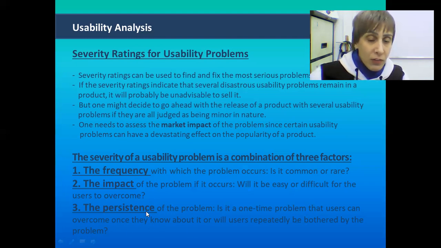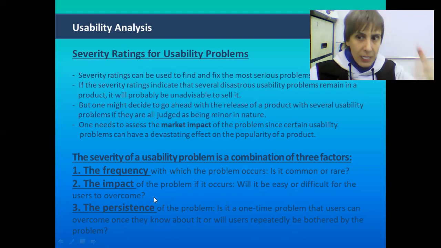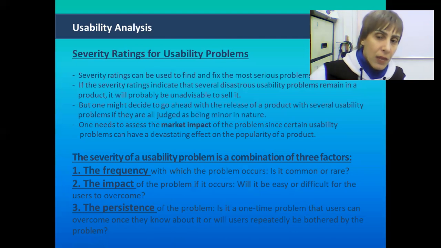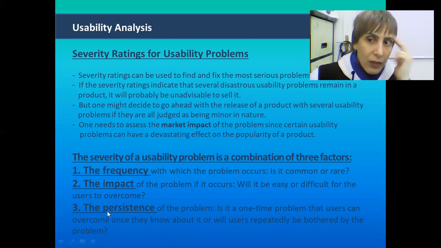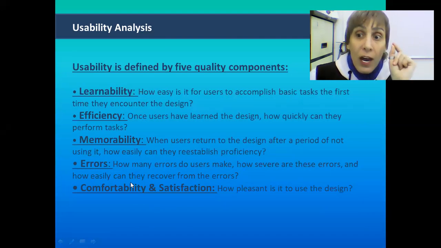And the persistence. Does the problem happen one time and that's it? Or does it keep happening, the same thing, while using this design, this device, this application, whatever it is? These three things you need to keep in mind when you decide how severe the problem is at this point or this point or this point.